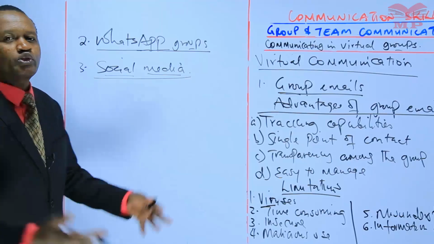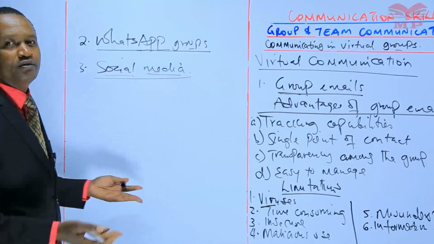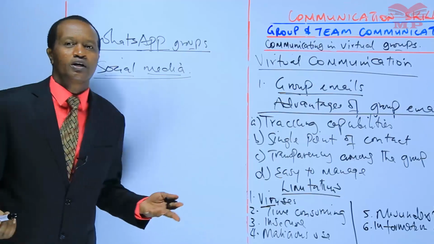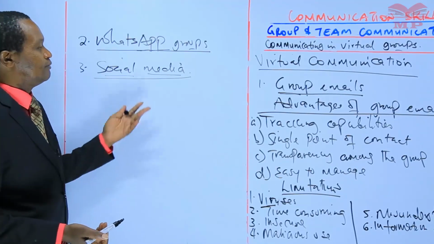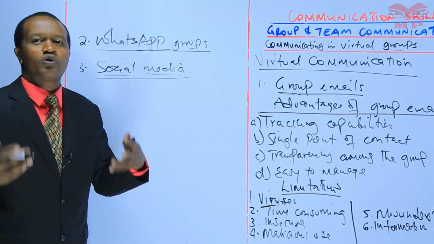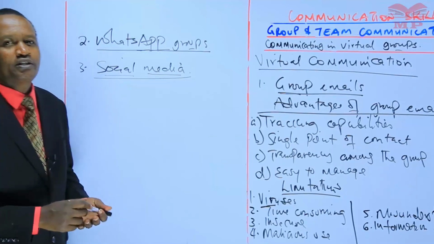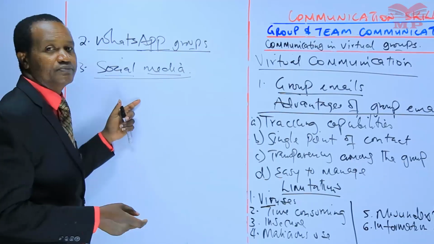So I've mentioned the social media accounts, Facebook, we have even blogs. Blogs is also another platform. Blogs is just a platform for casual dialogue and discussions on special topics or opinions.